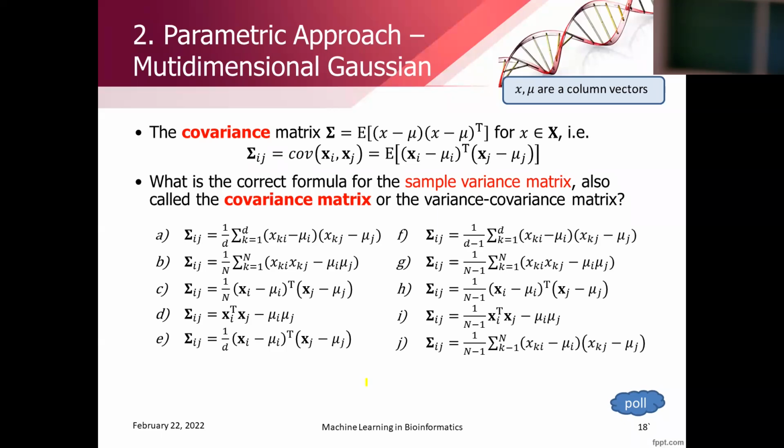Okay. What about F? Looking at just the first d observations, it's of course wrong. What about H, I, and J?